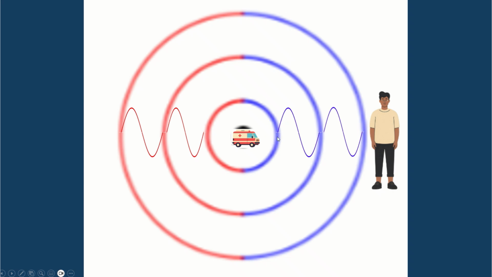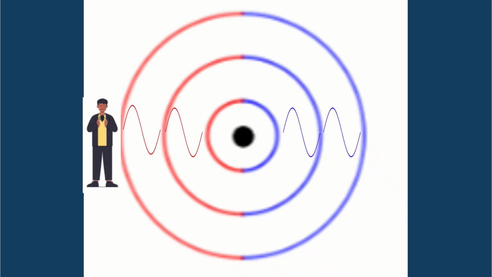The wavelength in front of the ambulance and the wavelength behind the ambulance are the same. That is, the frequency of the wave propagating in front of and behind the ambulance is the same. That's why the persons behind and in front of this ambulance are hearing the same sound.